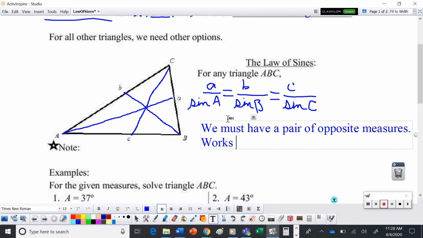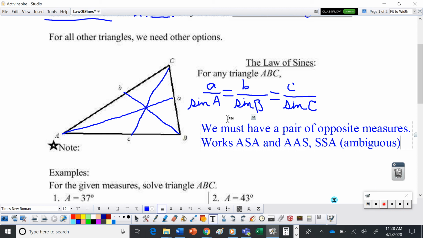But if we don't have those two, the options that this will work for are angle, side, angle and angle, angle, side. It also works for side, side, angle. That's the ambiguous case. We talked about that a little bit before break. Maybe we'll get back to that if we have time.